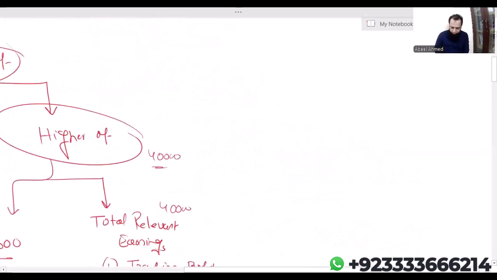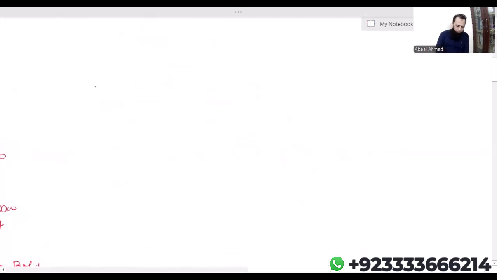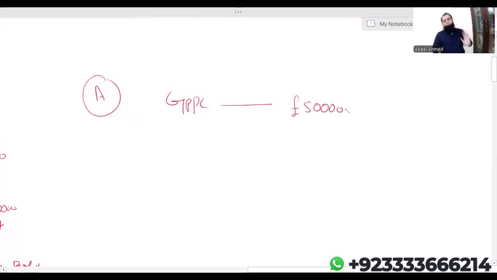For example, let's say part A, assuming the gross PPC by an individual is 50,000 pounds.